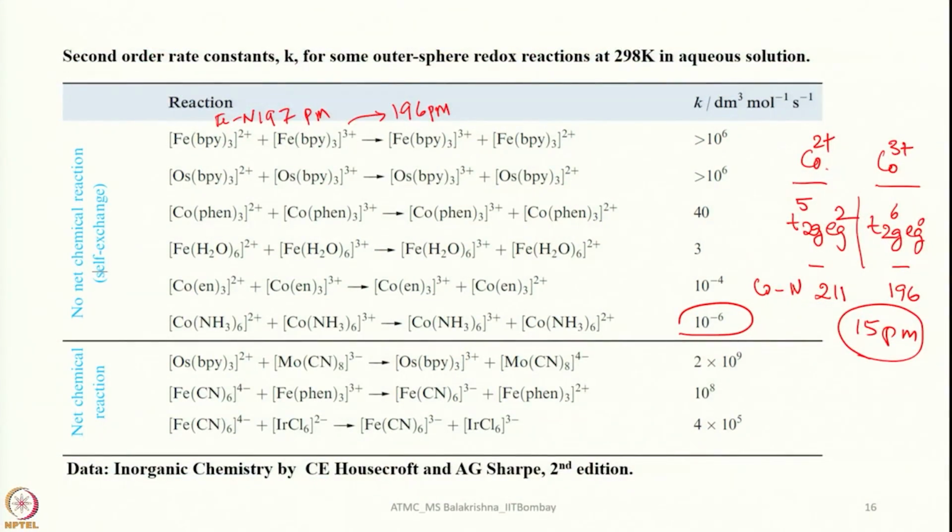So, electron transfer between cobalt 2 plus and cobalt 3 plus is not easy. According to the Franck-Condon principle, between these two species having a remarkable difference in bond parameters, it is not very easy.